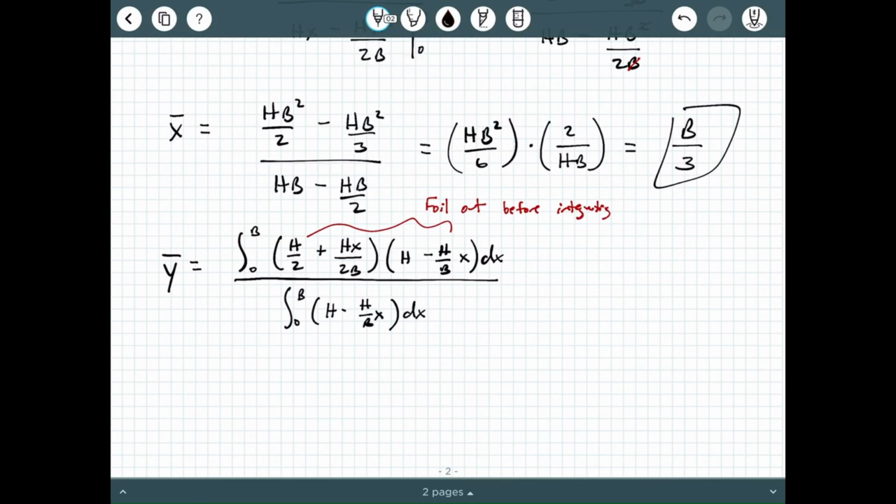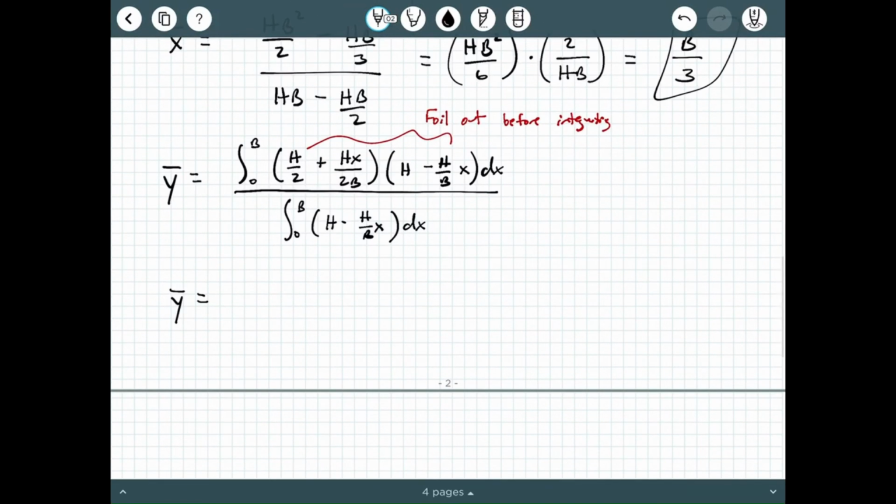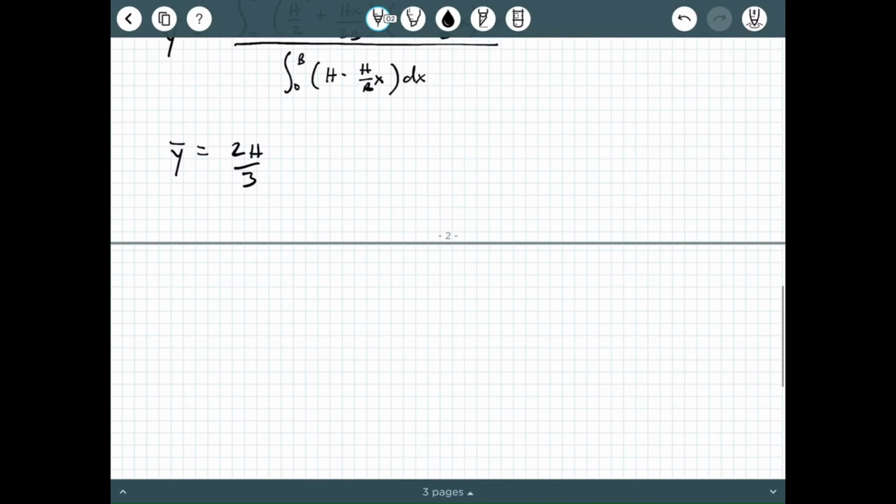You should know how to do all of this from pre-calculus and calculus 1. Evaluating this, I'm not going to show all the steps here because it's algebra and you should be able to do this on your own. So you do end up getting 2h over 3 as y bar. And if you wanted to sketch out that area, here it is.